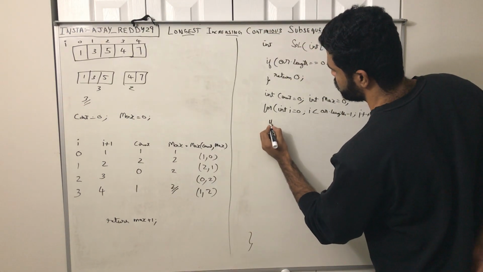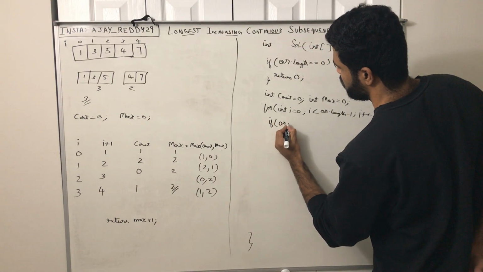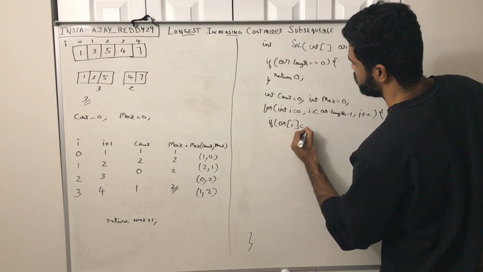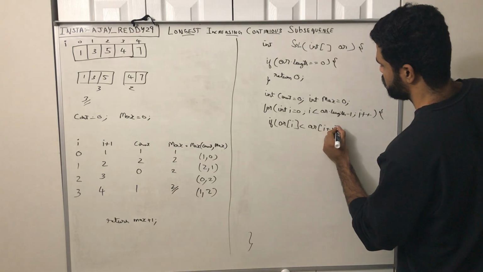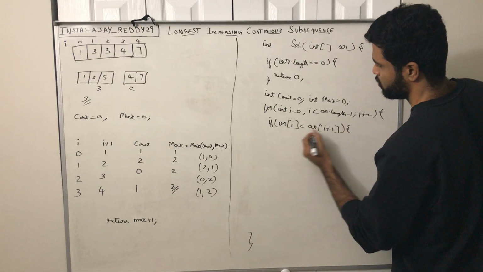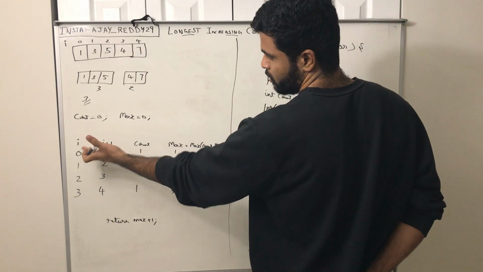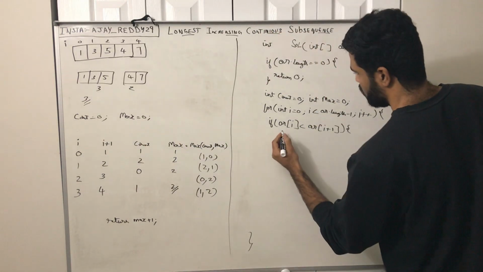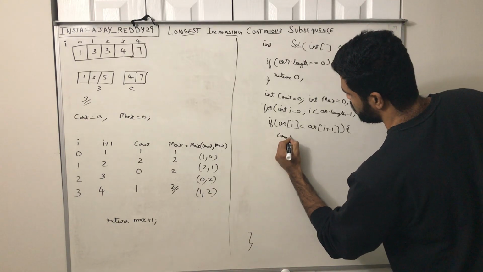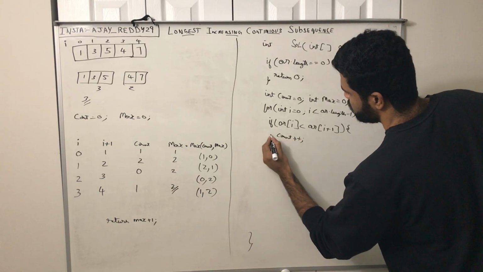So for that I will use an if condition, if arr of i is less than arr of i plus 1, we are actually incrementing the count. So then I will just increment count by 1.